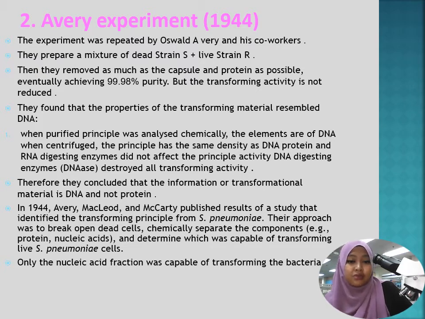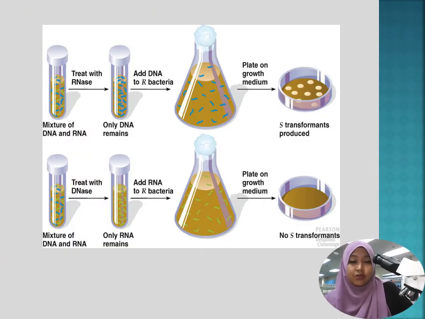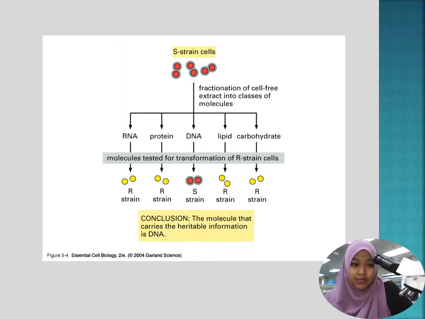They were able to do this by transforming the rough strain into the smooth strain. So this is how Avery and colleagues did it. It's not RNA, not protein, not lipid, not carbohydrate.